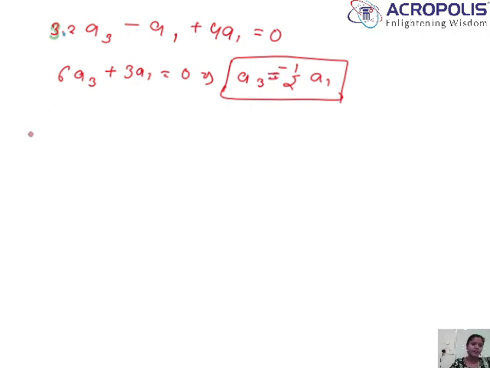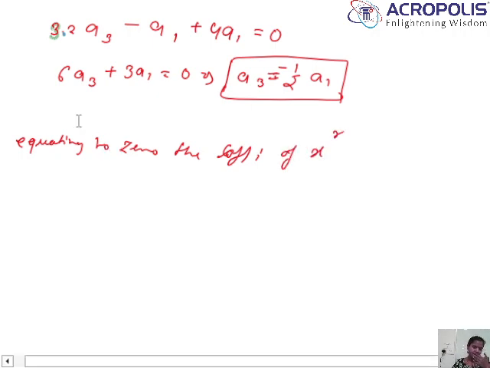Okay. Now, similarly, we can equate to 0 the coefficients of different powers of x. Now I am equating to 0 the coefficient of x to the power r.